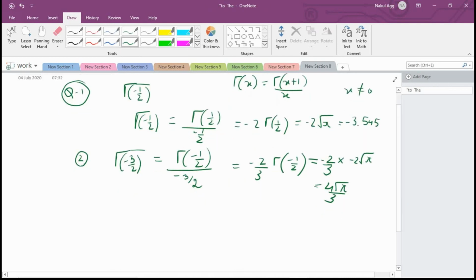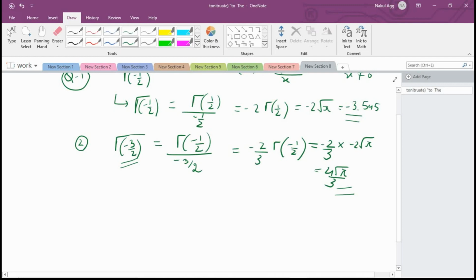If you see, for minus half the value of the gamma function is negative, but for gamma of minus 1.5 we have a positive value of the gamma function. The reason I am mentioning this point here is we will need these small points while making the graph of the gamma function. So do remember this. So gamma of minus 3 by 2 is 4 root pi by 3, which is equal to 2.363.